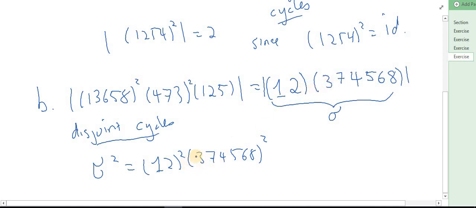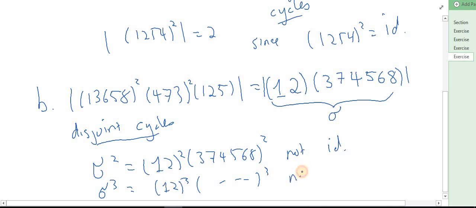All right. Now, is that the identity? And the answer is no. Because if you square this, you can see that although if you square (1 2), you get the identity, if you square this one, 3 goes to 4, it's not the identity. What about sigma cubed? Okay, I don't even need to write this. This one is not the identity, right?